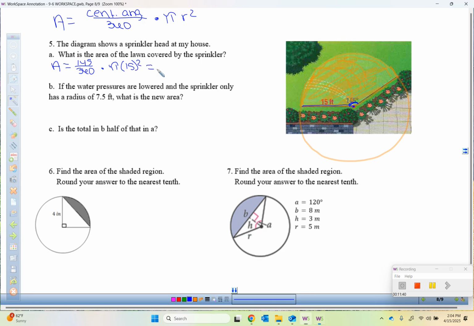So this would equal, if we put this in our calculators, and let me know what we get. And I should put the approximation sign first. 284? Yep, 7? 284.7. Very good. And if we check it in terms of pi, we get what?